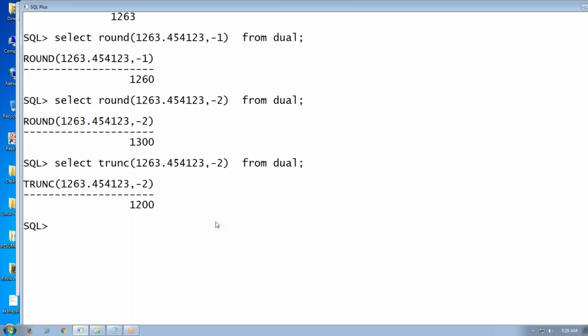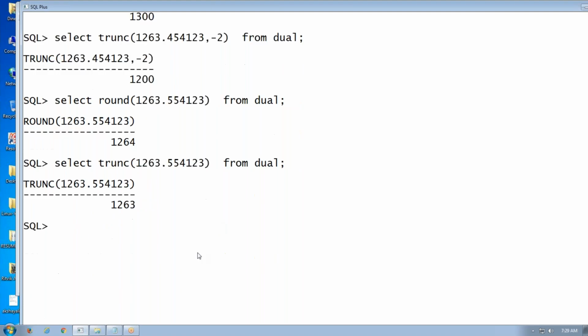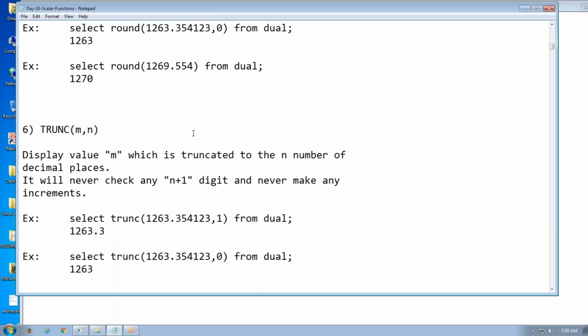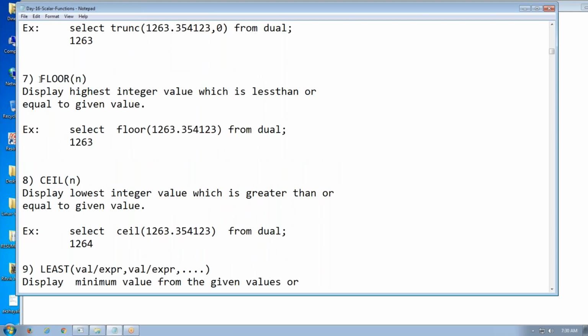Suppose if I use trunc, it will print 1263 only, since it is not verifying any next digit. Hope you understand, all of you. So round and trunc functions are useful to display the given value rounded to the specified number of decimal places.